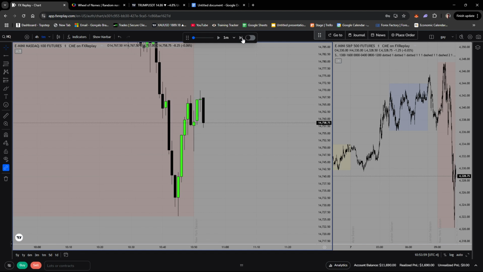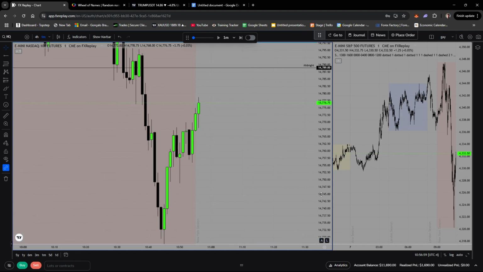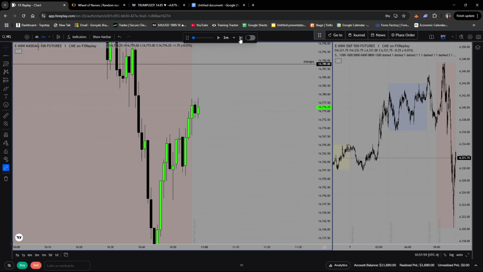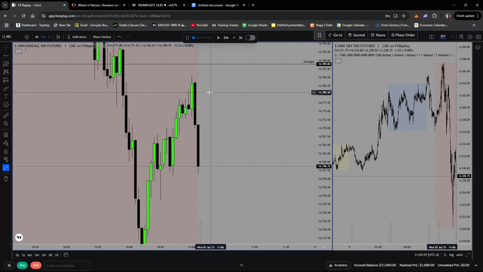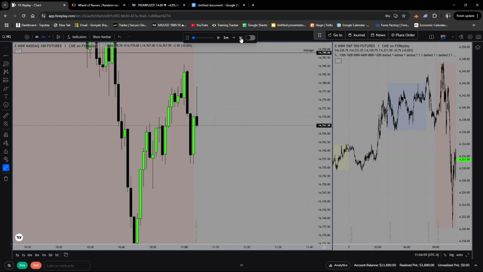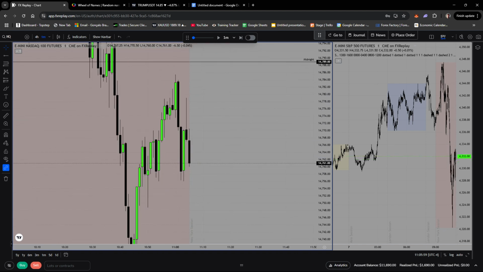Still nothing. If it gives me another bullish gap, I will press buy here. Or I'm going to sell.